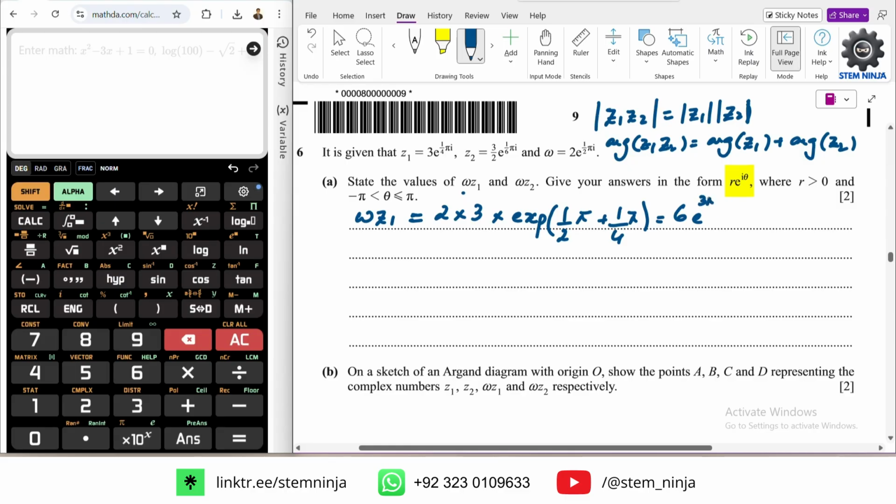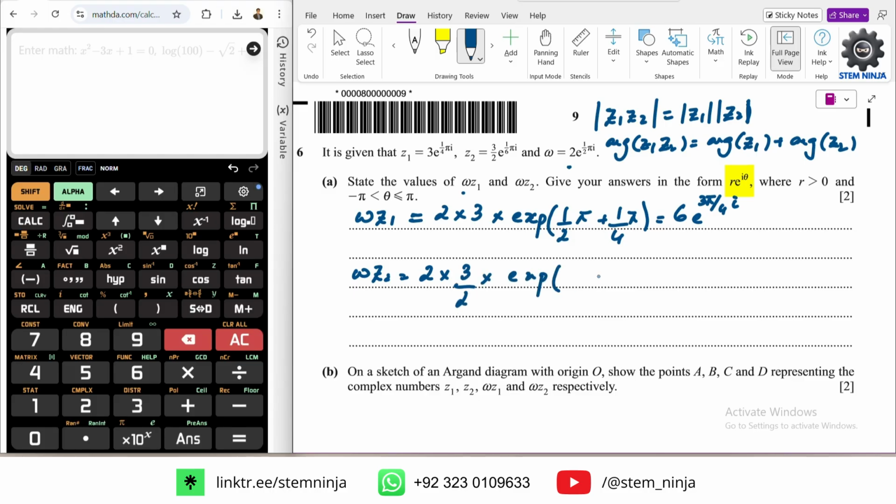Sorry, 3 pi by 4 I. Now omega z2, on the other hand, would follow the same process, 2 times 3 by 2, which is just going to be written like this, an exponent half pi plus 1 over 6 pi I. Sorry, there was an I over here also.